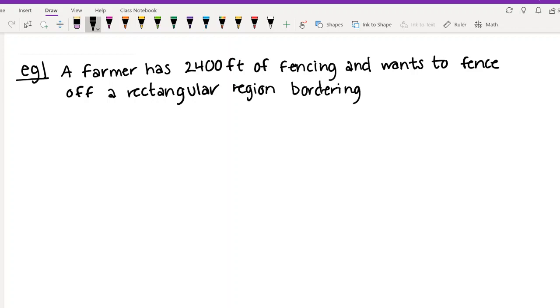We'll see once we draw a picture that this means we only need 3 sides of fencing, because the river is going to form that other barrier.